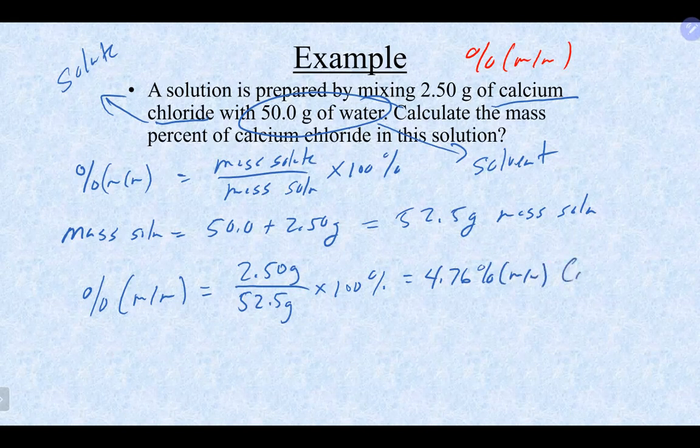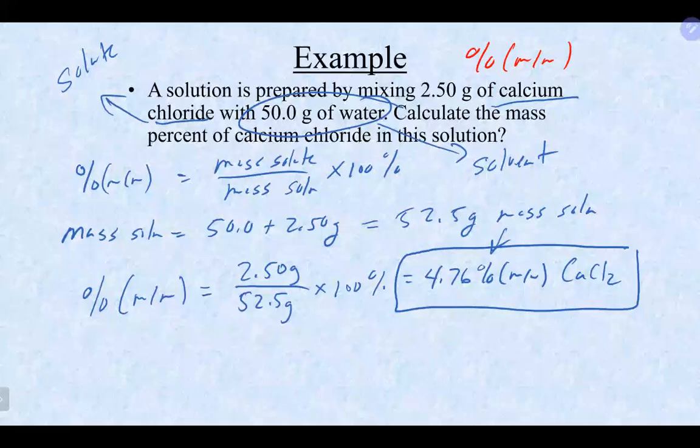And you could leave it as calcium chloride there. In this case, it is a percentage, since the grams of grams cancel. And you could do parentheses m/m. Any questions on that there?